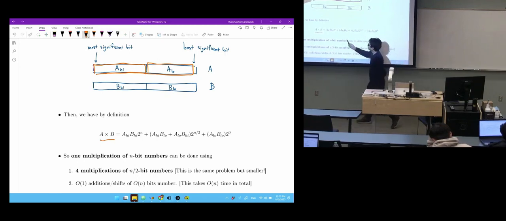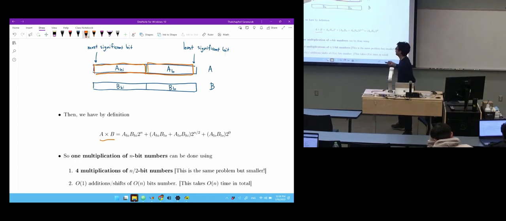And then, suppose you have done these 4 multiplications, what else do you need to do? Well, you just need to shift this thing by n. This is easy because it's really just shifting numbers, right? And then do the shifting here a bit. This you don't need to do anything. And after you are done with that, you just add them up, right? But you know that adding is easy.